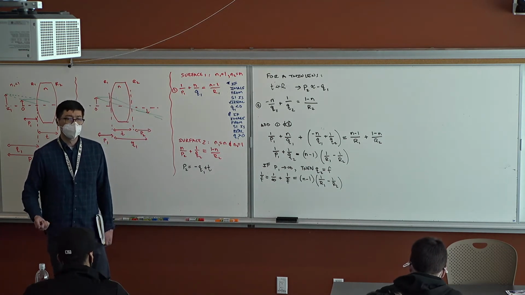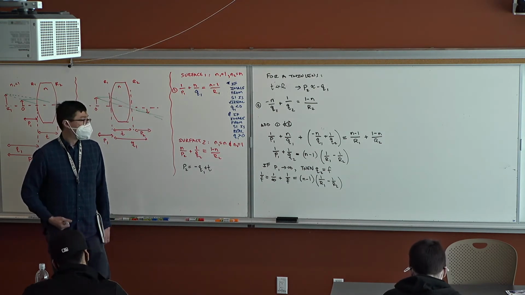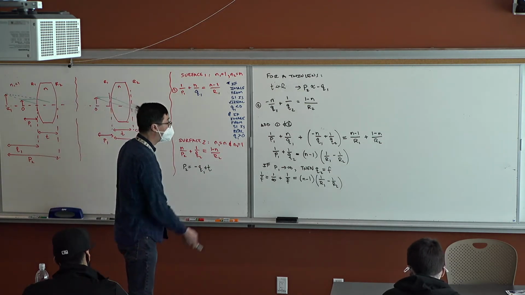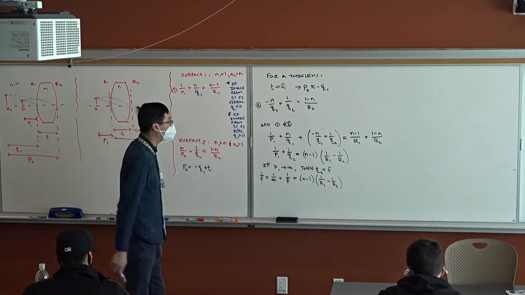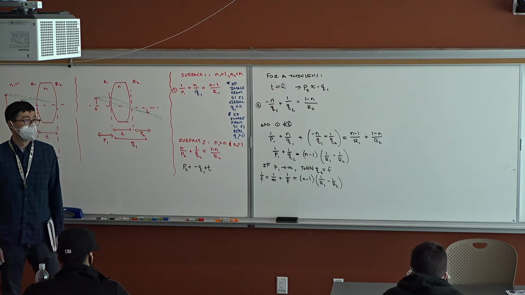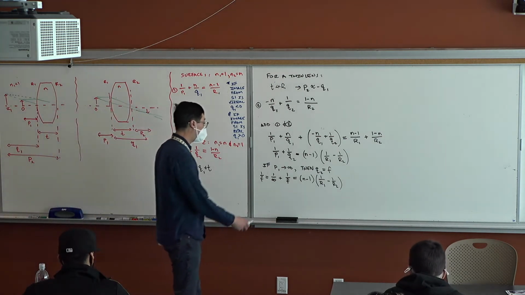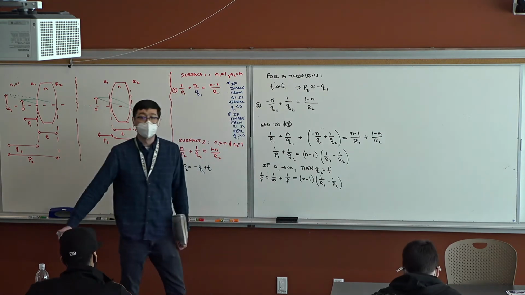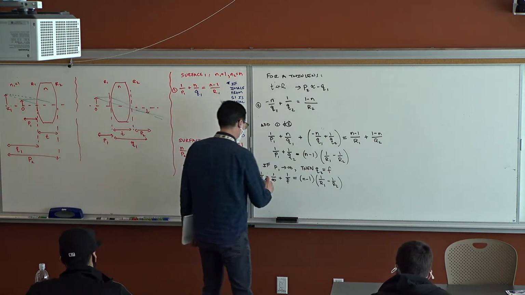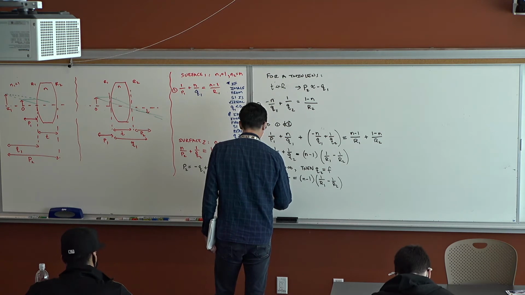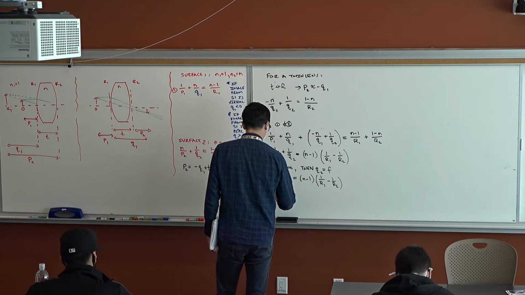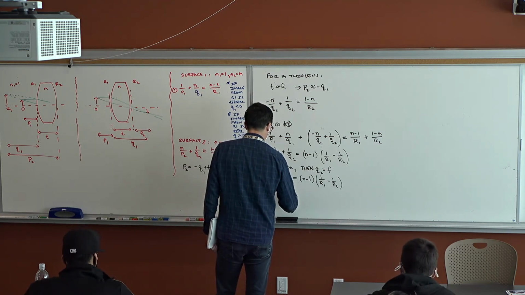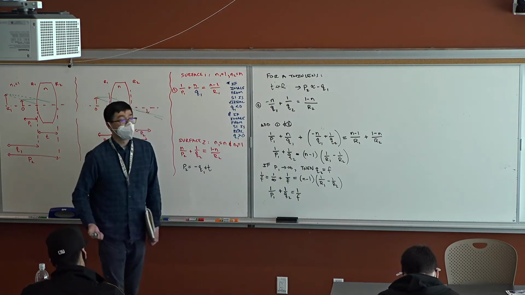But what does that allow me to simplify this equation to? Well, we now have a statement that the stuff on the right is just 1 over F. So 1 over P1 plus 1 over Q2 is equal to 1 over F for thin lenses.